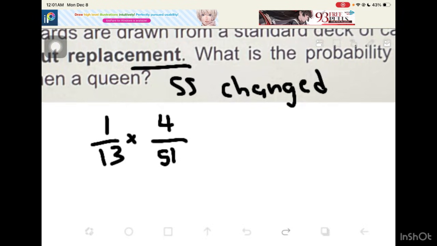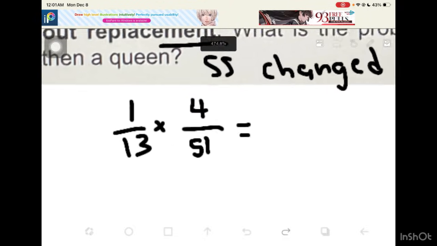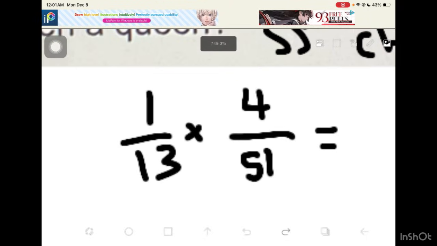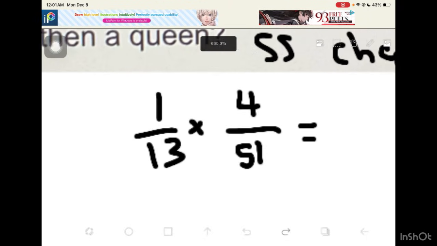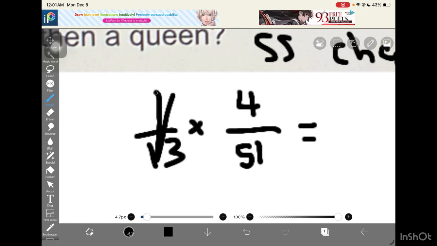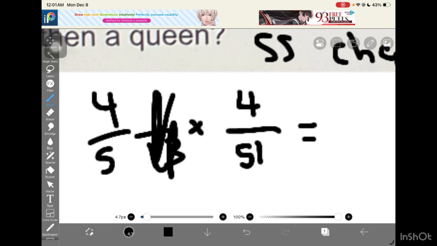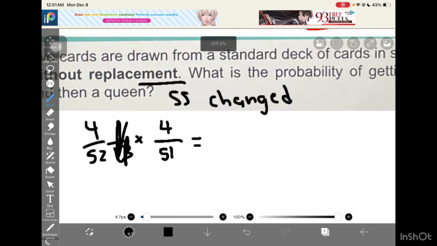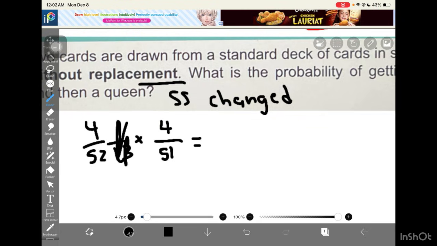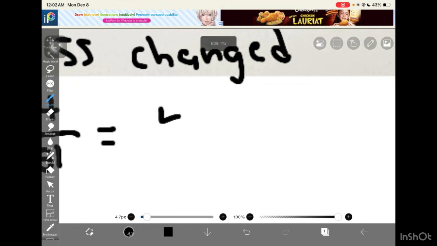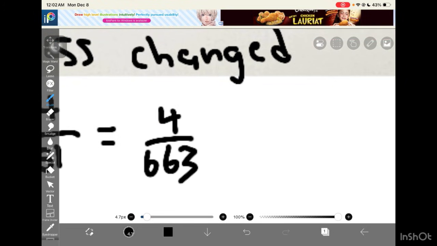So the answer to this is 1 over 13, or 4 over 52, times 4 over 51. If you type that in the calculator, we get 4 over 663.